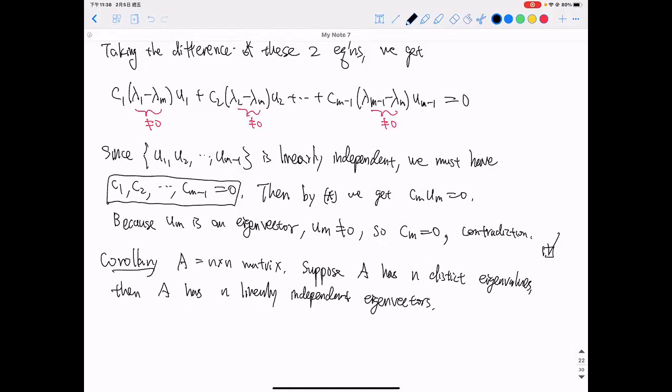Okay. We're being careful here. We're not really calling these n linearly independent eigenvectors a basis because of the issue that we will discuss next, that is, what are these eigenvalues anyway, and eigenvectors? But that's next lecture, and yeah, so let's stop here.